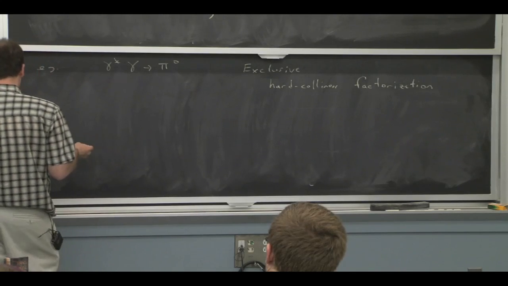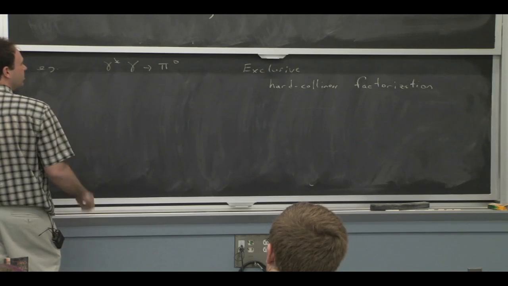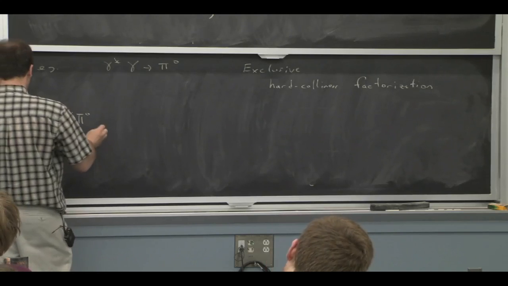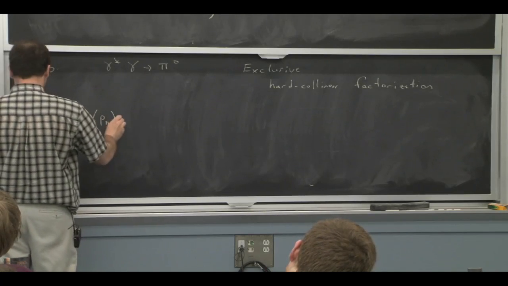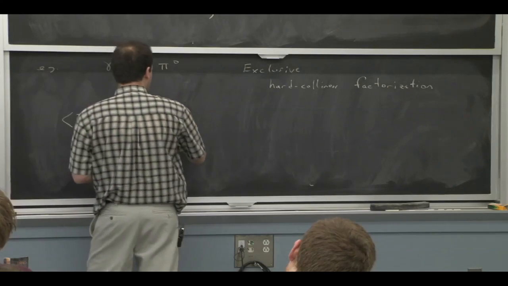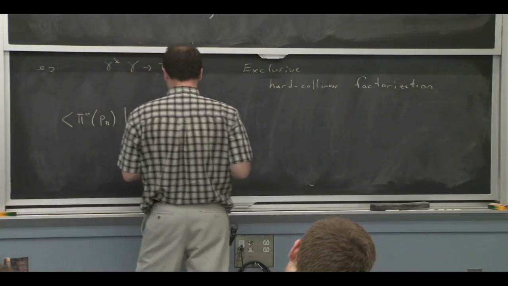So what would you write down for this process in QCD, first of all? So you'd say I have a pi0, it has some momentum p pi. I have some current, which I can take at 0, and I want to make a transition from the pi0 to a single photon.